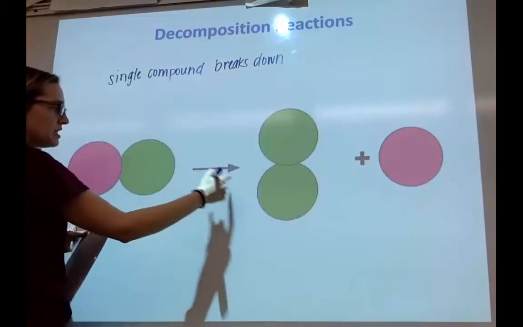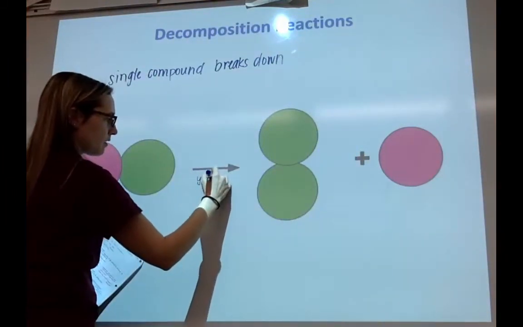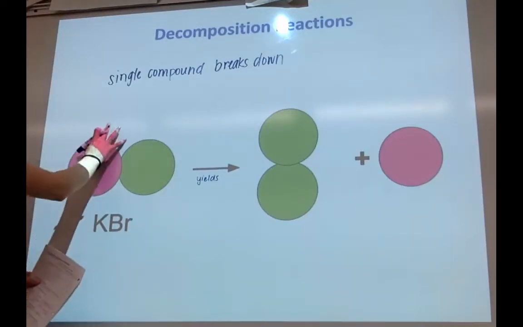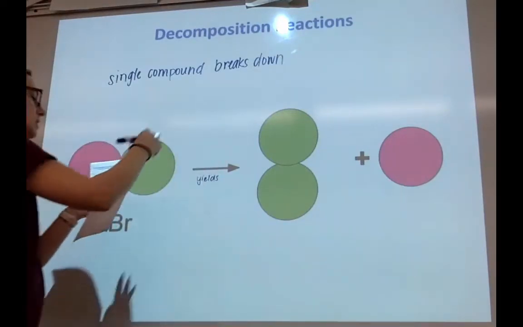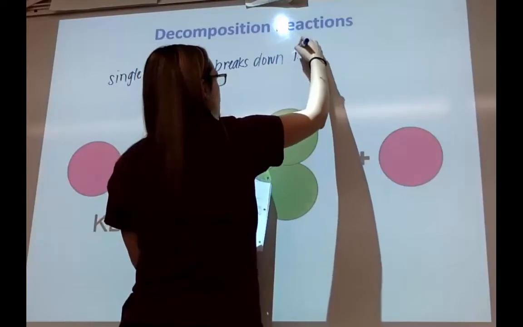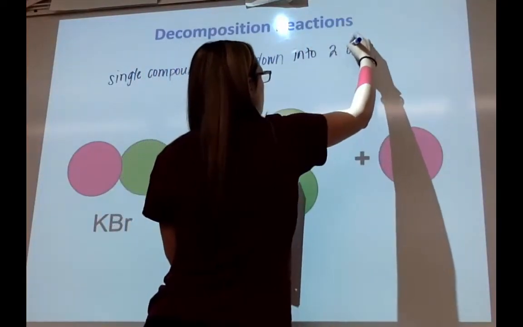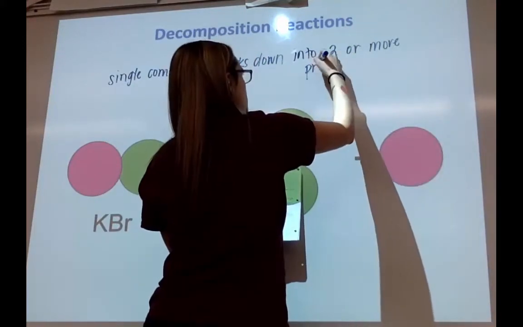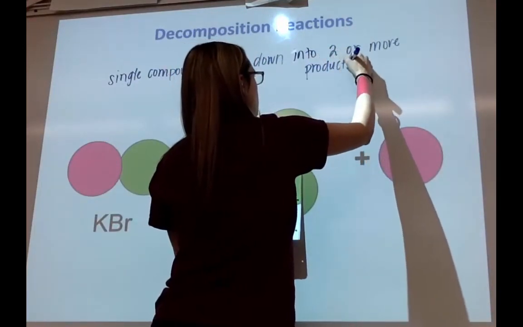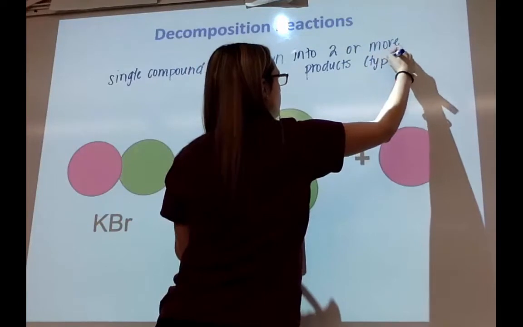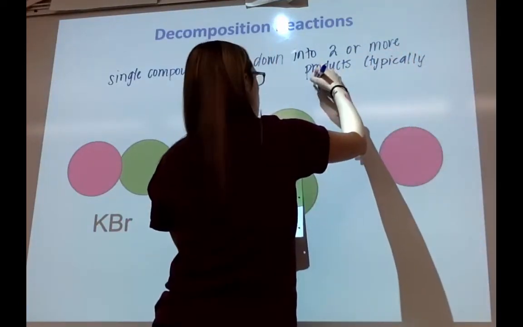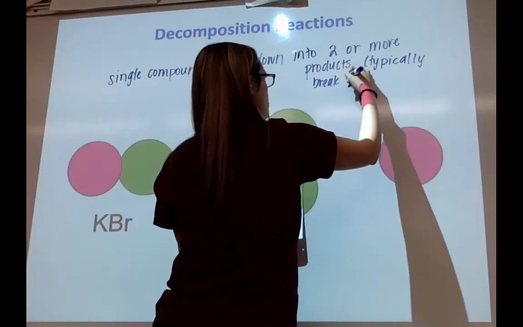This arrow means yields, you can think about it meaning produces. It separates the reactants from the products. So a single compound breaks down into 2 or more products. Typically it breaks up into its elements.